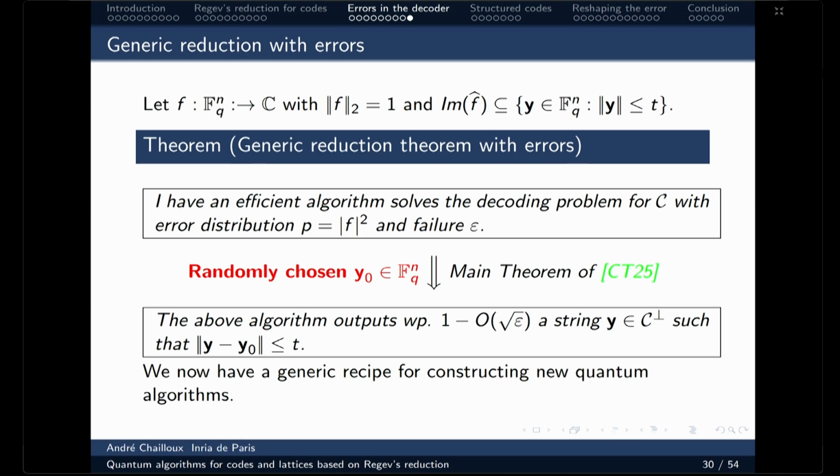Okay? And so what we prove is that in this setting, there's no problem. If we want to reduce to the inhomogeneous setting, if you have a decoder that has failure epsilon, then the algorithm I presented outputs a string of small weight with probability 1 minus order of root epsilon.